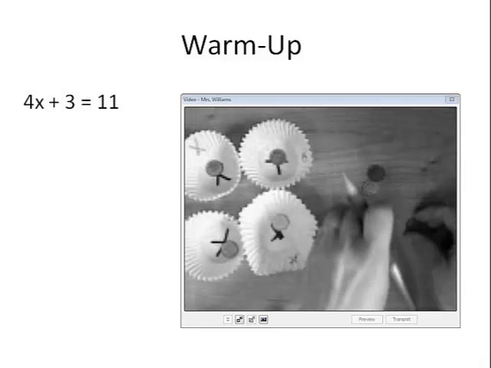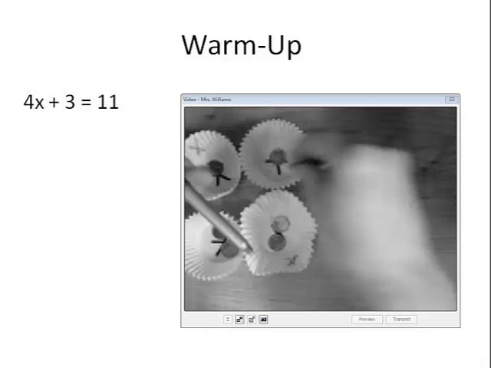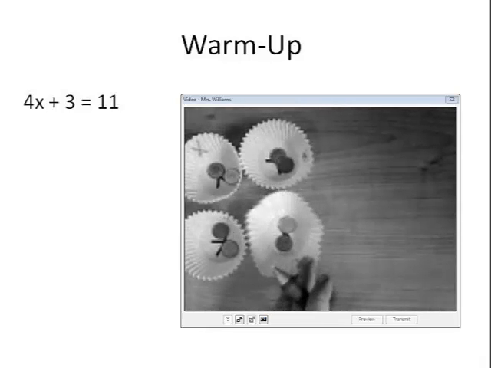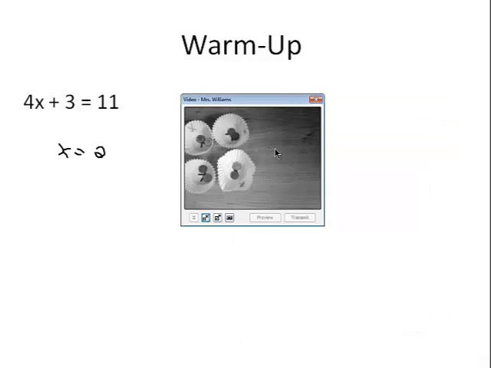Okay, so each X box has 1. And we put the last of the pennies in, and we can see that each X box has 2. So going back to our whiteboard, we can write X is equal to 2.